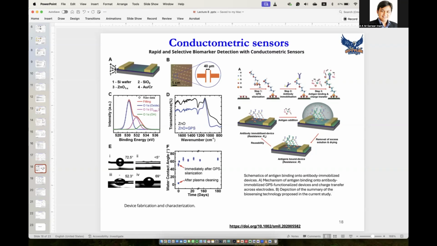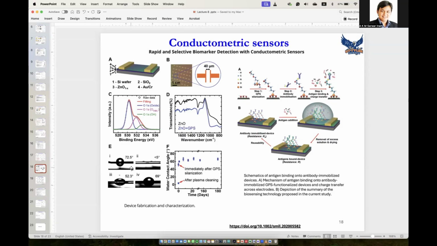GPS is one kind of molecule. It's called 3-glycidyloxypropyl trimethoxysilane. So it is one kind of silane actually, this GPS. And here they're measuring the water contact angle.